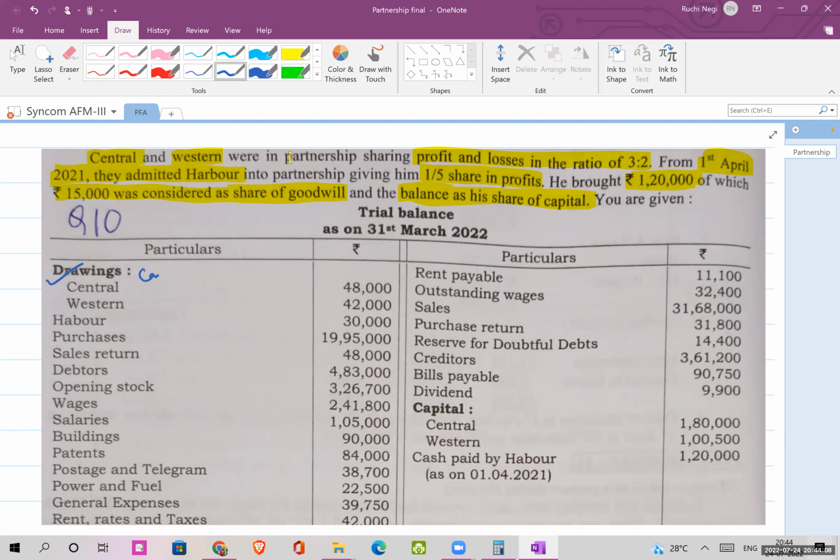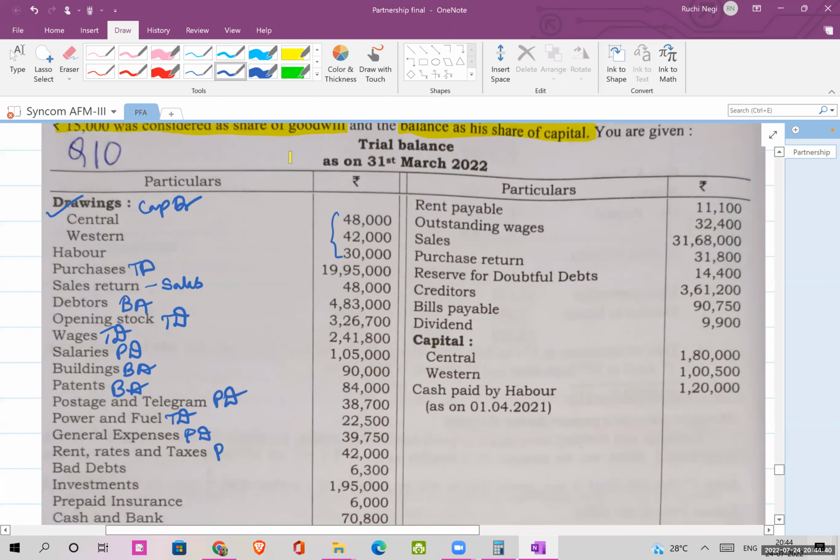So this is going to be capital debit, one effect. All trial balance entries will have one effect. Okay. Purchases, trading debit, sales return will be less from sales, debtors will be balance sheet asset, opening stock, trading debit, wages, trading debit, salaries, P&L debit, buildings, balance sheet asset, patents, balance sheet asset, postage and telegram, P&L debit, power and fuel, this will be trading debit, general expenses, P&L debit, then rent rates and taxes, P&L debit.